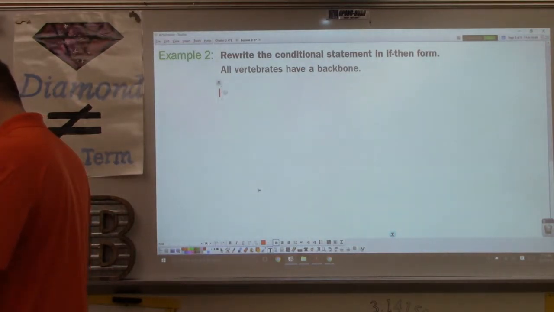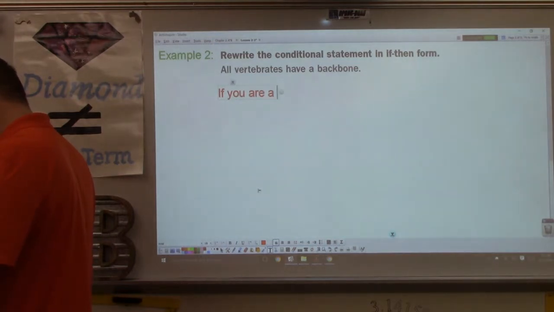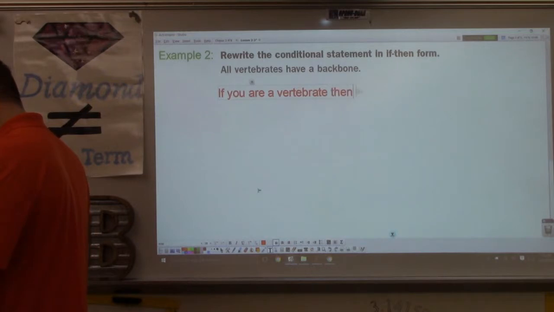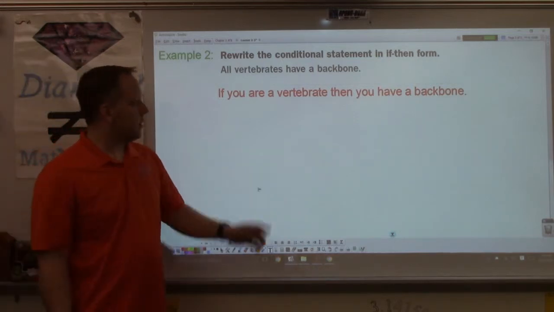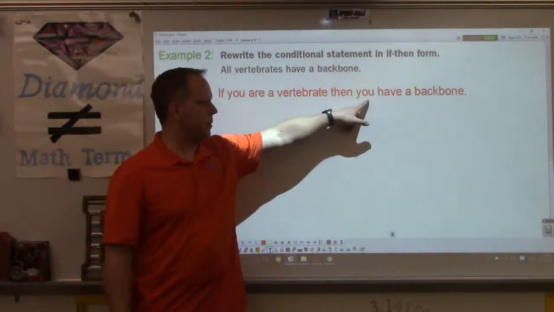If you are a vertebrate, then you have a backbone.